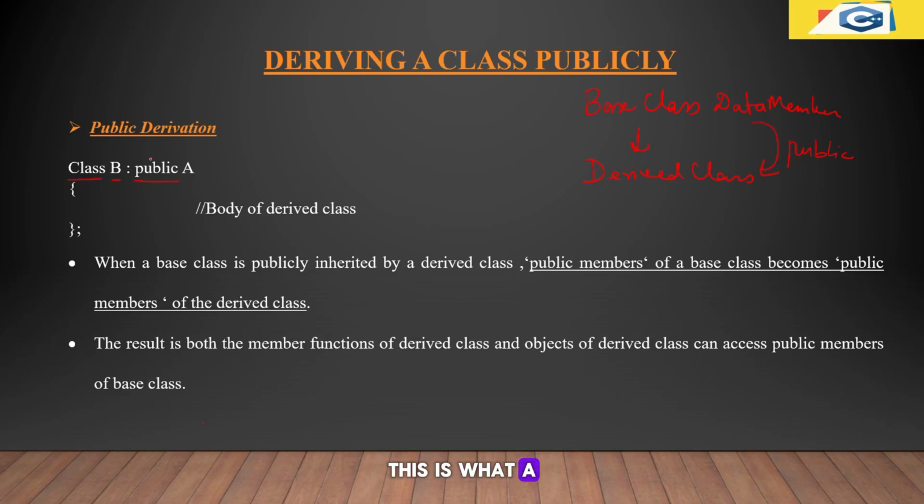So this is the class keyword, the name of the derived class, this is the visibility mode, and this A is the name of the base class.